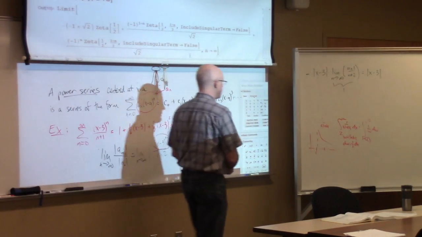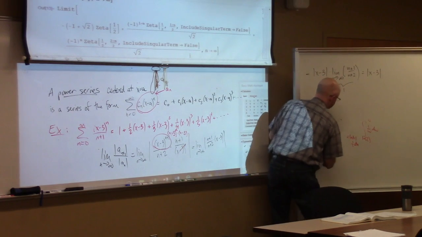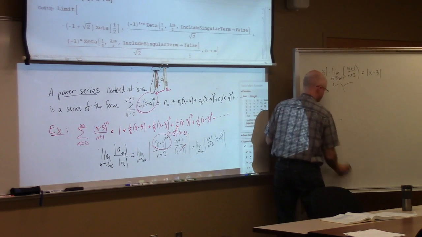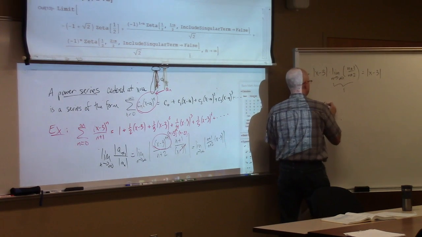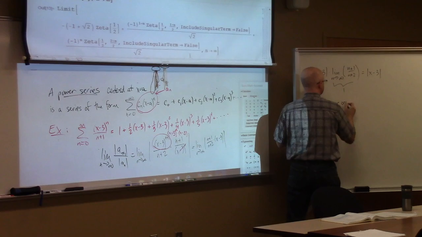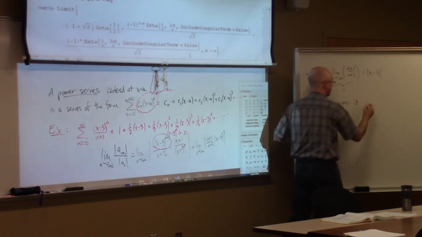So what we can conclude is that the original series here, the original power series, converges if that thing that we got from the ratio test is less than 1.